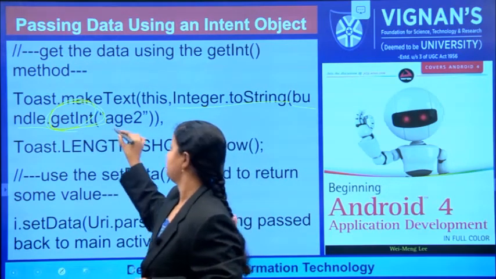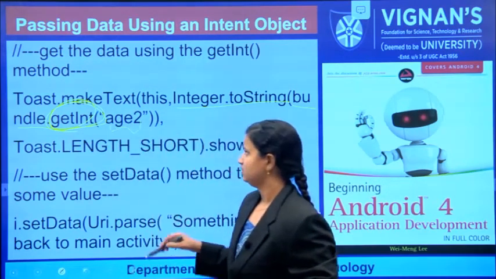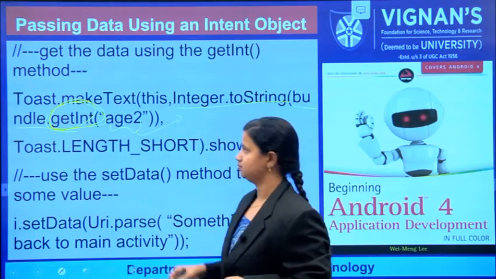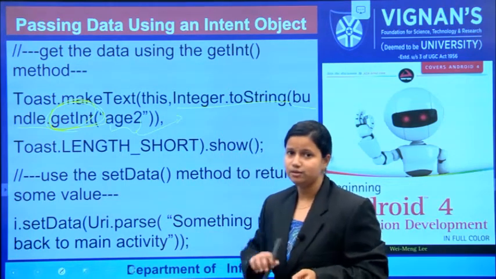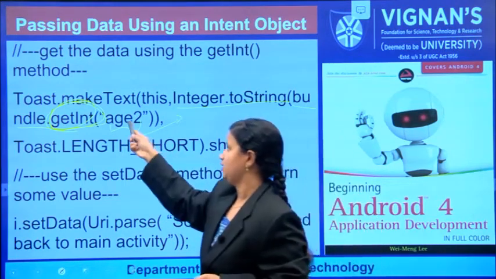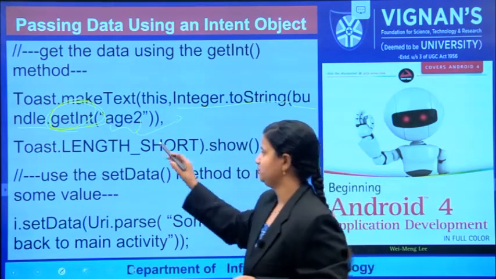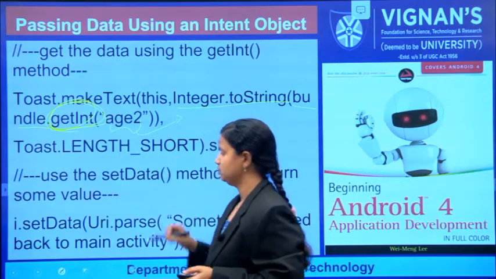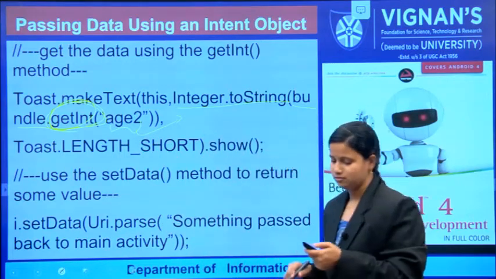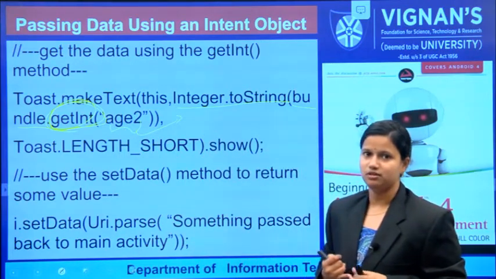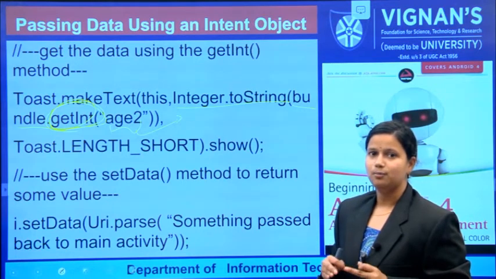I want to get which information, age2, so the name of the information is to be passed. The value in age2 is to be retrieved and displayed for a short time. So these are the two different methods: the first one is putExtra and the second one is putExtras.